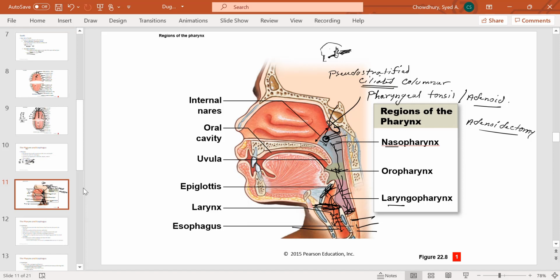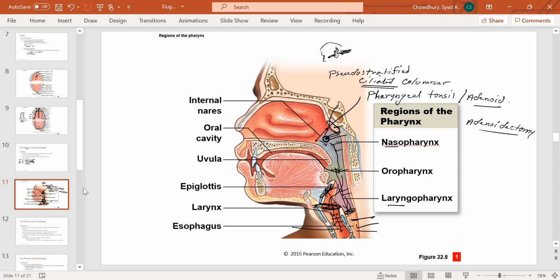They have cilia, right? And those areas are for the food. They have a different epithelial lining because the chance of friction is high. Air will not cause much friction, but the food will cause more friction.